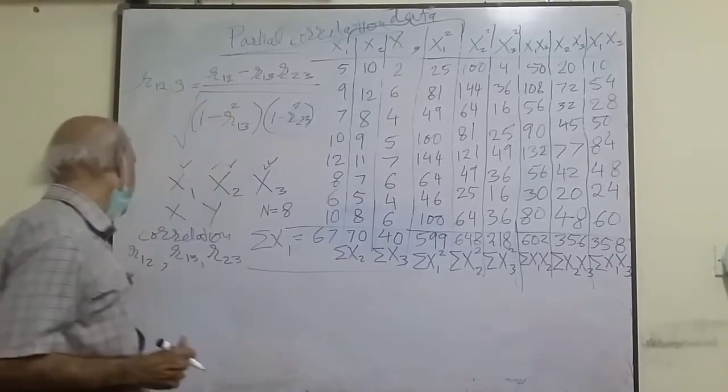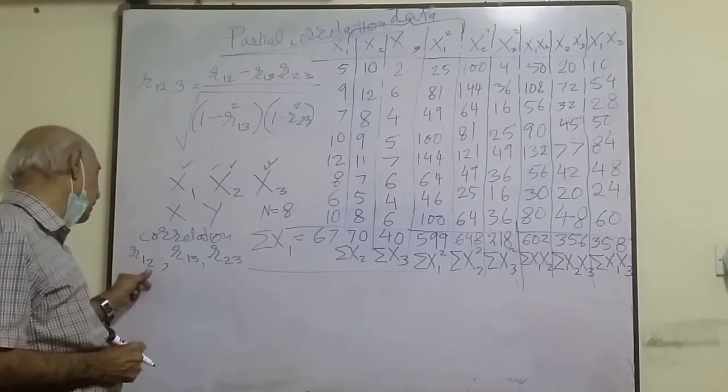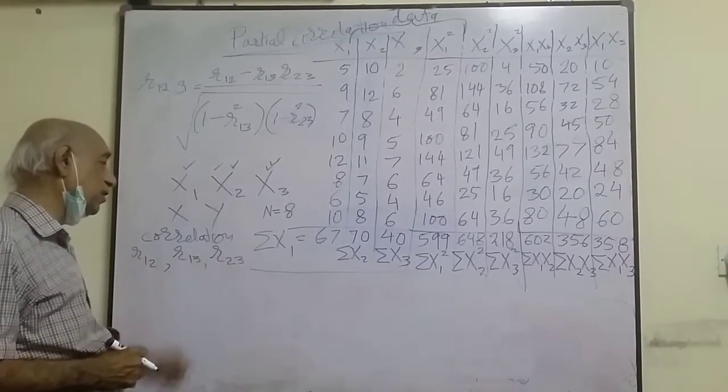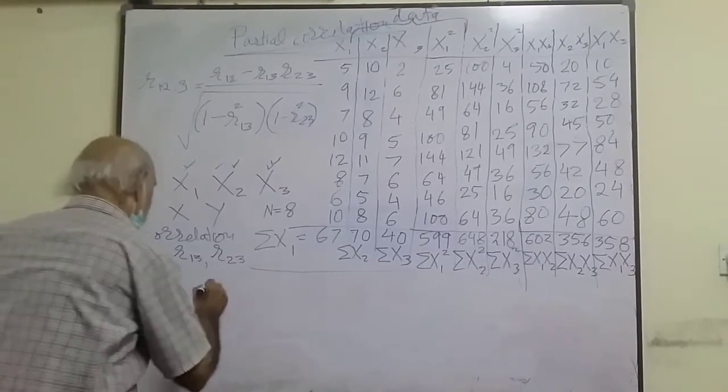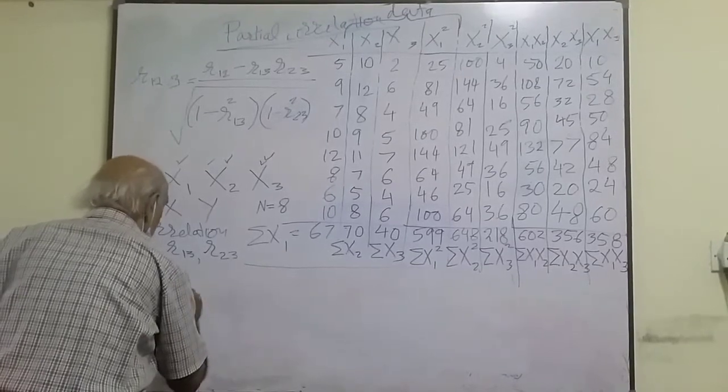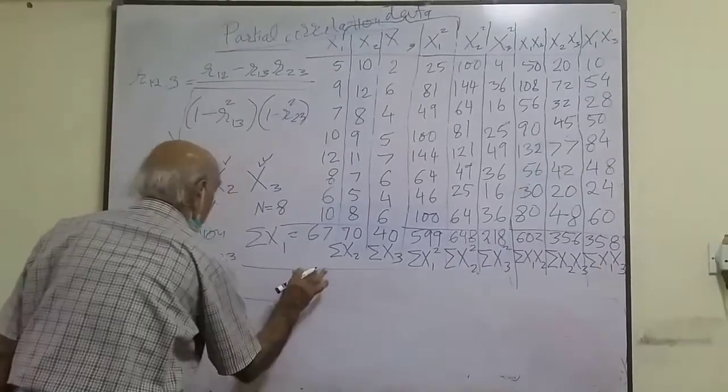Then what we have to calculate is the correlation between 1 and 2, the correlation between 1 and 3, and the correlation between 2 and 3. So let's take the formula of R12. It is the same as the correlation coefficient.